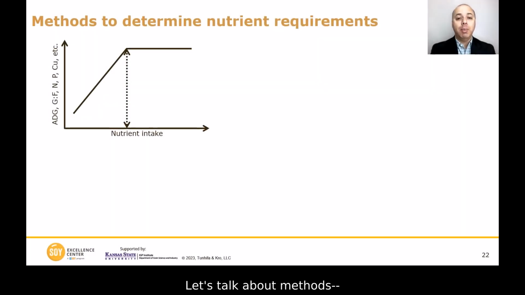Let's talk about methods, and these will be mathematical methods to determine nutrient requirements. Normally speaking, we will come down to a graph like the one currently shown, where it has two linear slopes.